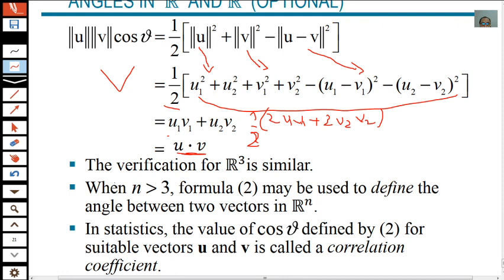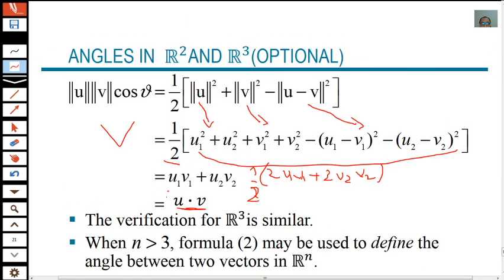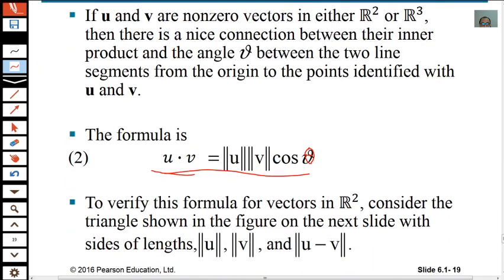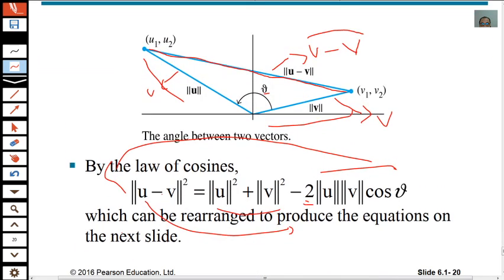And when n is bigger than 3, namely for higher dimensions, the formula may be used to define the angle between two vectors. So this formula is used to define the angle between two vectors in higher dimensions of real vector spaces.